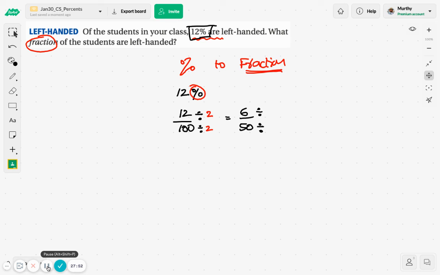Again I can divide both by 2. So 6 divided by 2 gives me 3, and 50 divided by 2 gives me 25. Now can I divide 3 and 25 by any value? The answer is no. So we have expressed the fraction in its lowest terms.